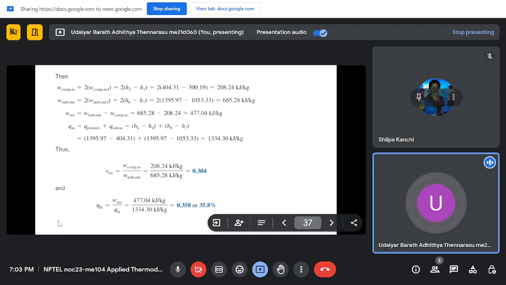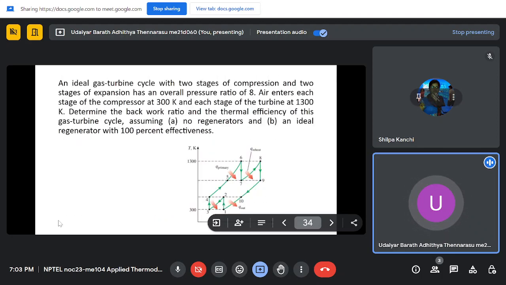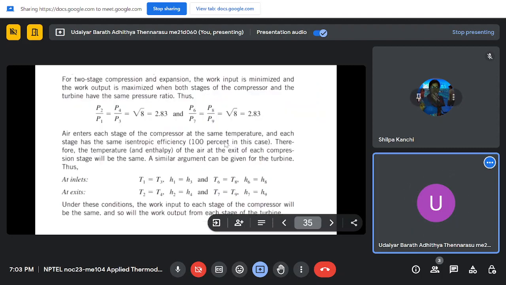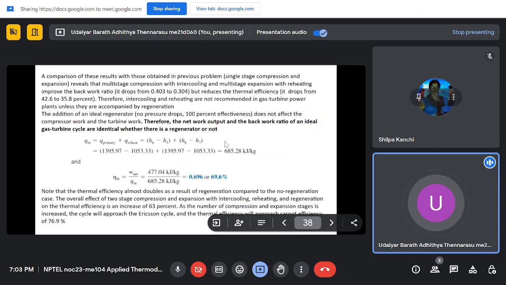In that case, your pressure ratio in each of the cycles will be very small, because you are putting in an infinite number of stages. So your pressure ratios will be very small, but you'll reach Carnot efficiency. So 76.9% is the maximum efficiency which you can achieve.